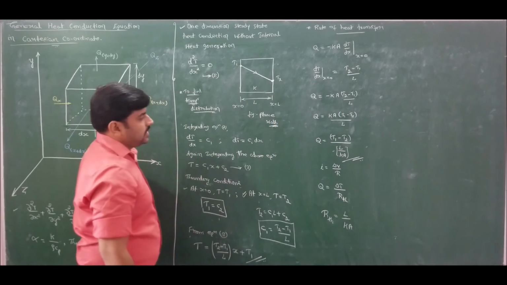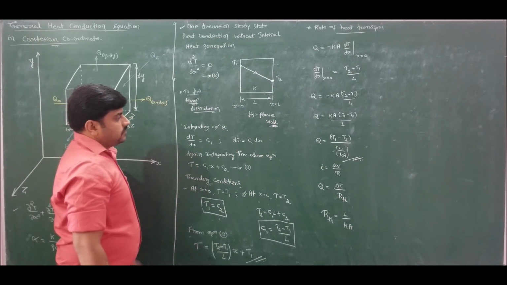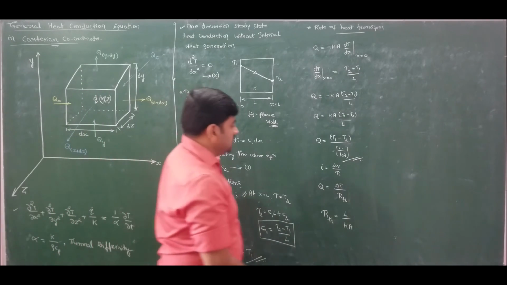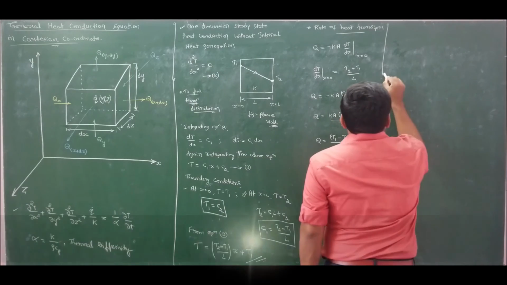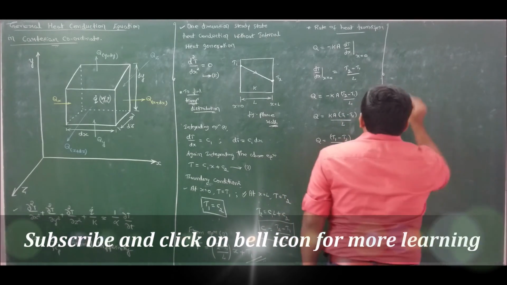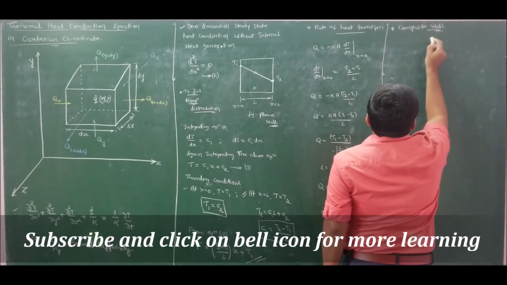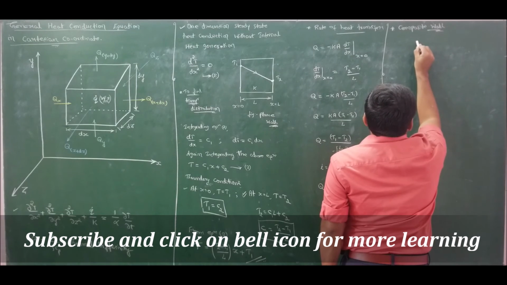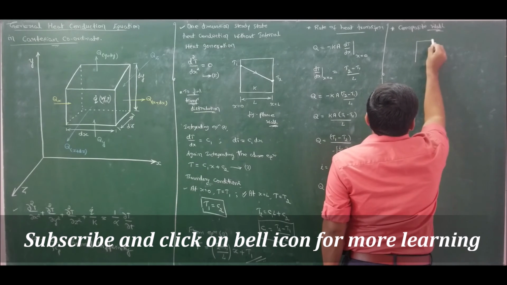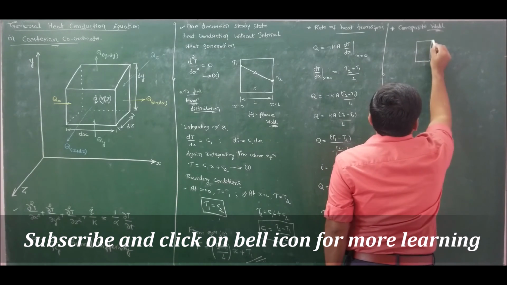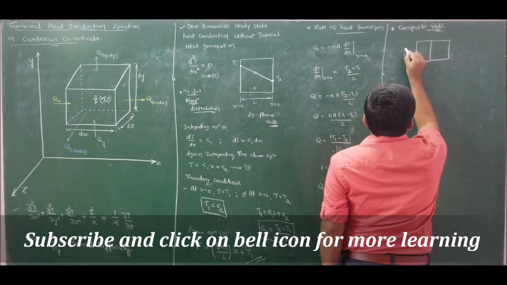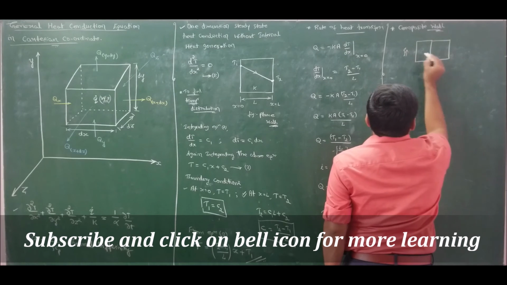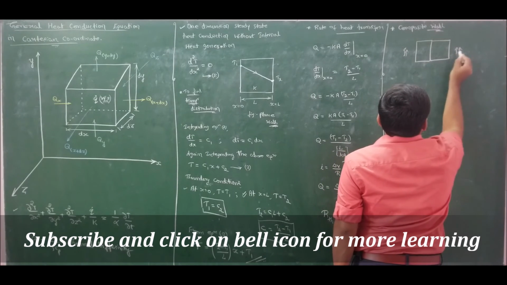Now, if I move to a composite wall, let me consider a composite wall like this, made of two different materials subjected to convective heat transfer on both sides.